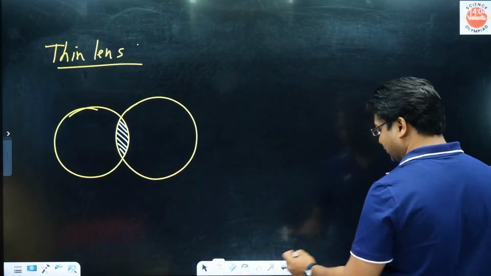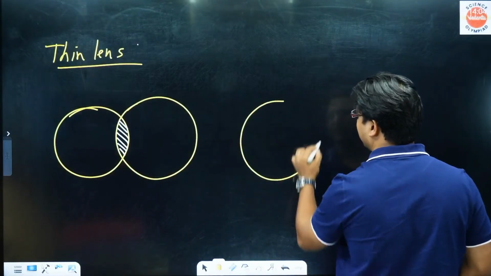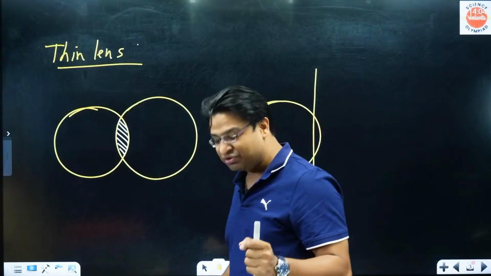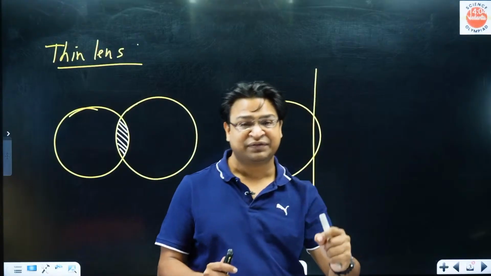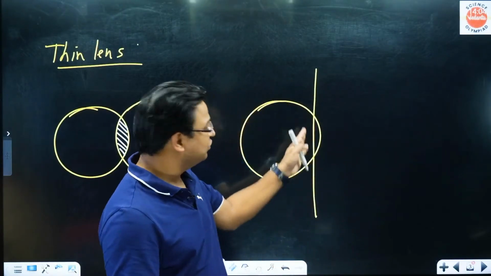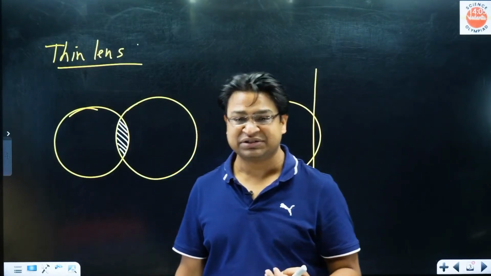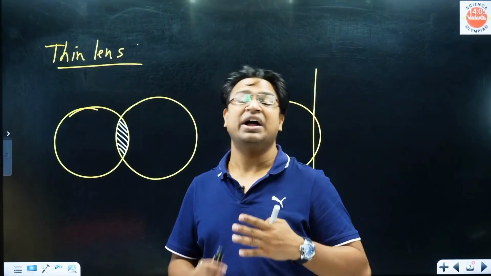We can also create a lens by using, let's say, a sphere and a plane. Now you may argue here that, sir, you just said that a lens is a transparent refracting medium bounded by curved surfaces, so why are you using a plane surface? Because we can view a plane surface as a spherical surface having infinite radius.